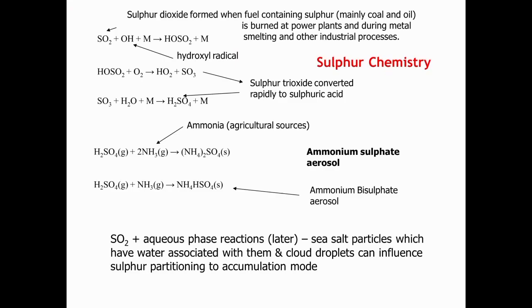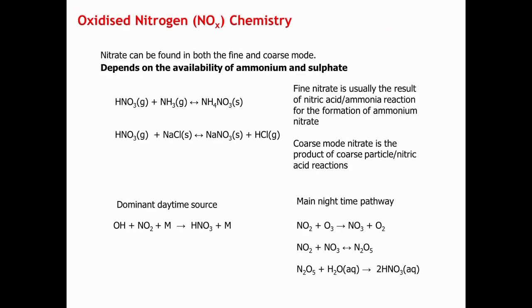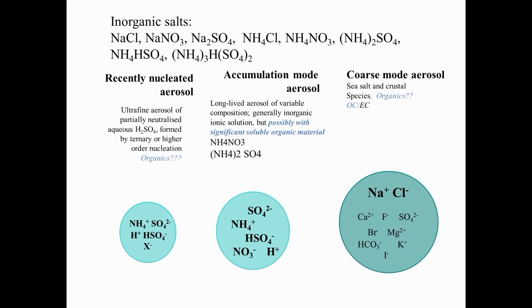So what we've got, sulfur chemistry, sulfuric acid, ammonia, water system, and nitrogen chemistry, giving you the nitric acid, means that you can have a whole bunch of different electrolytes in solution if you've got watery aerosol.